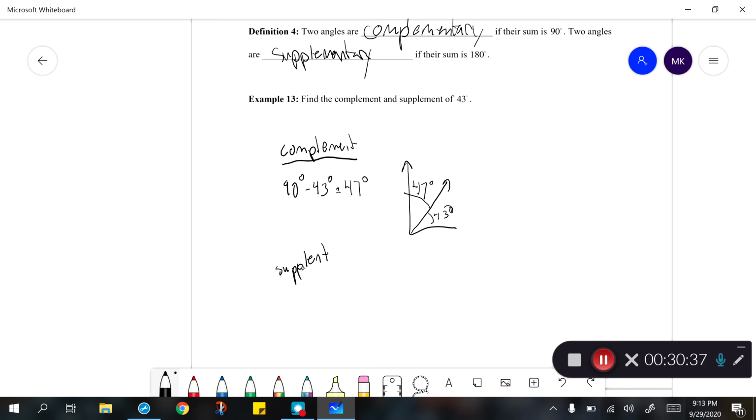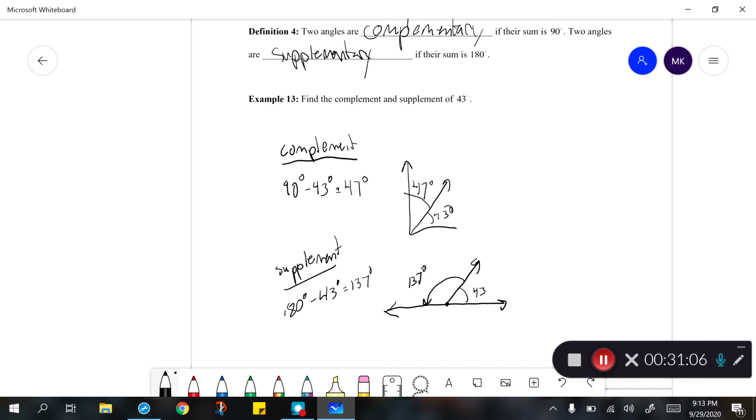The supplement is 180 degrees minus the 43 degrees, which gives us 137 degrees. So if this is 43, this is 137.